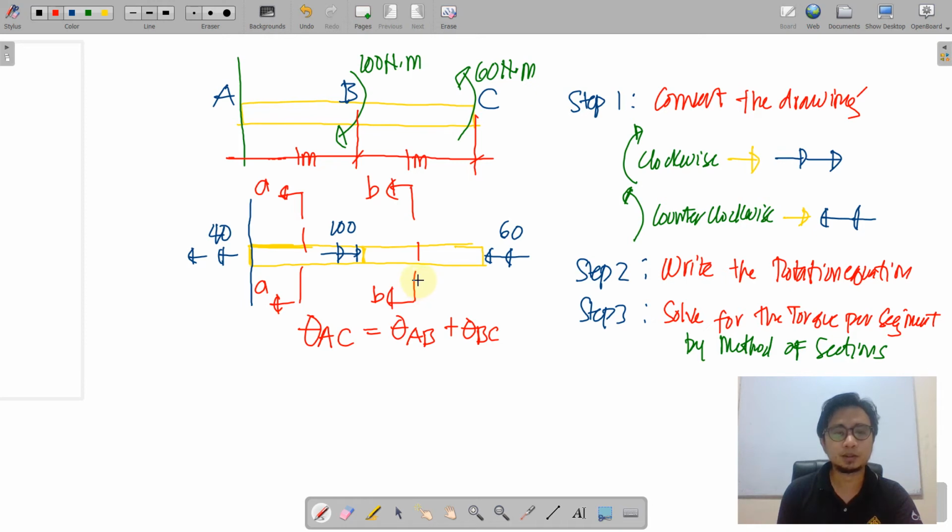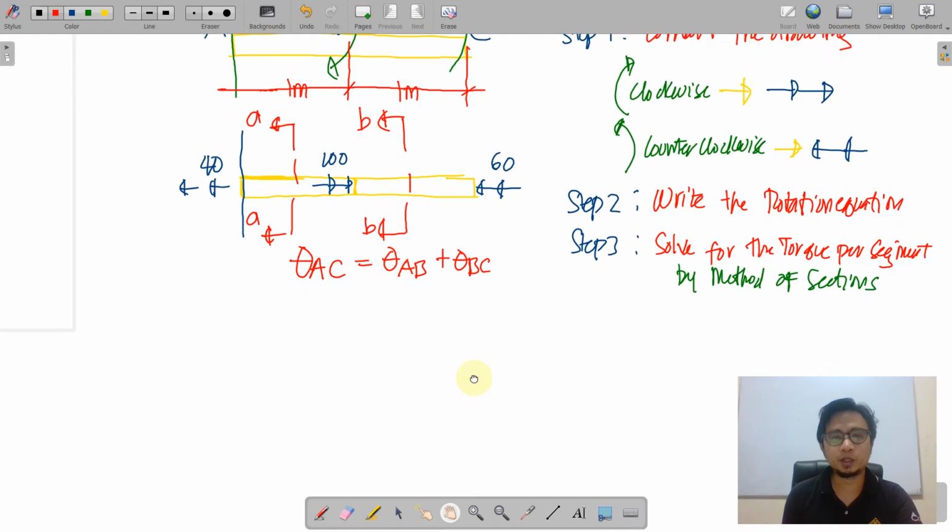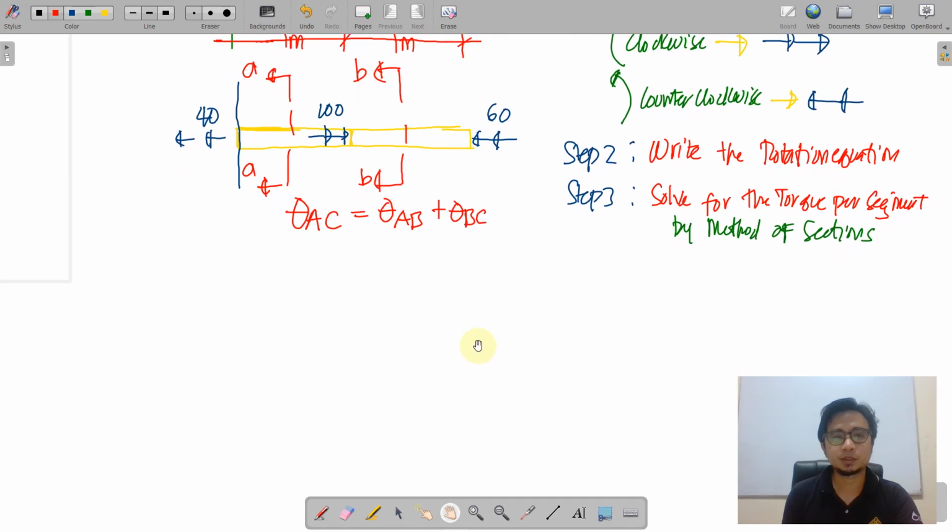But in most cases, it is advantageous to direct your section only along one side. Actually, it will be depending on the problem, wherein you will explore it later on. So warming up with this section method, we consider section AA on the left side.